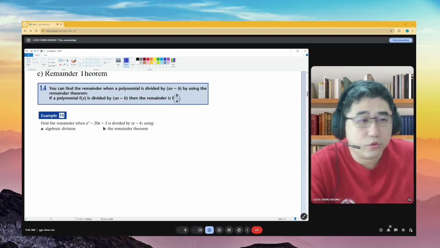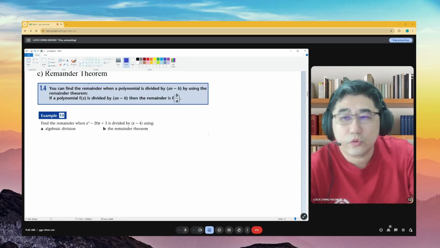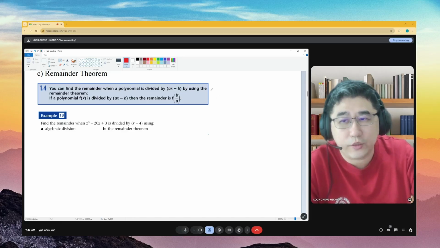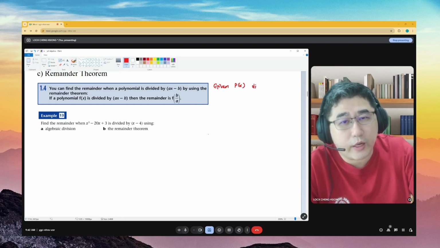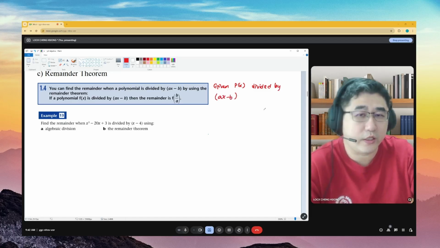Next, we want to go for the remainder theorem. Let me rephrase. The remainder theorem is: given p(x) divided by ax minus b, which is a linear divisor.